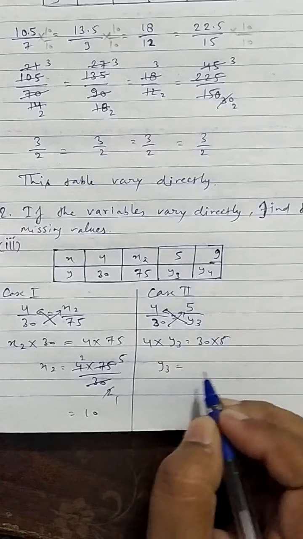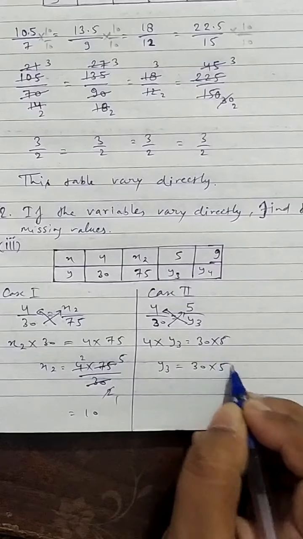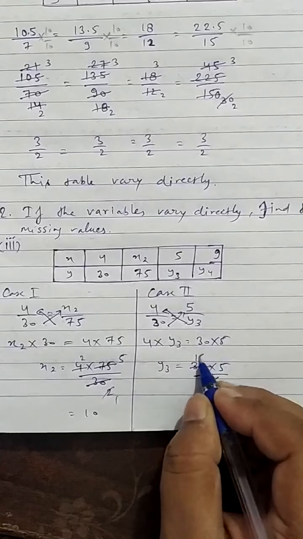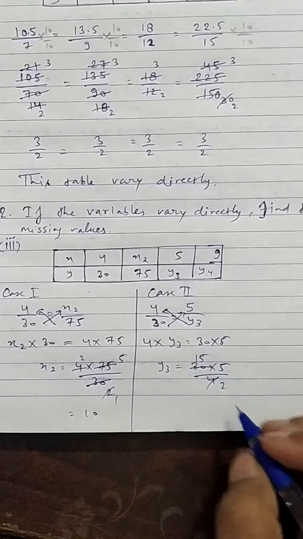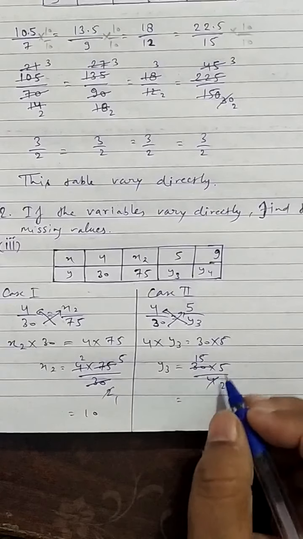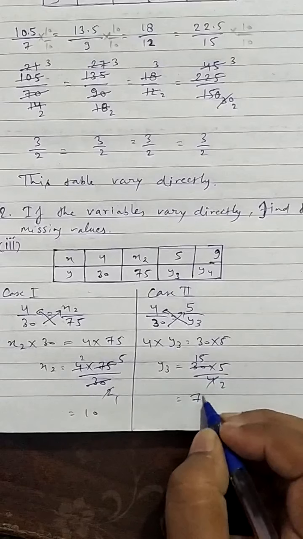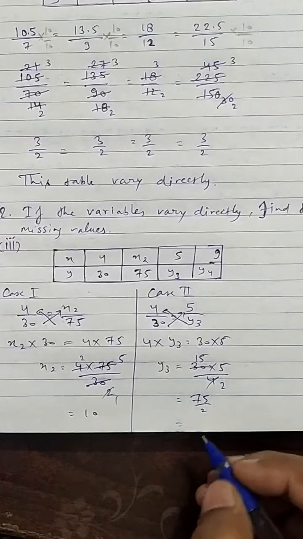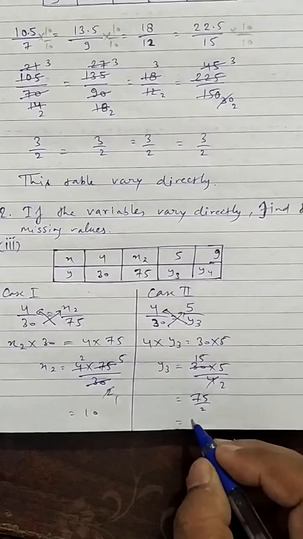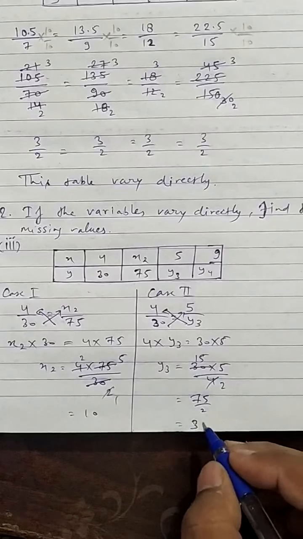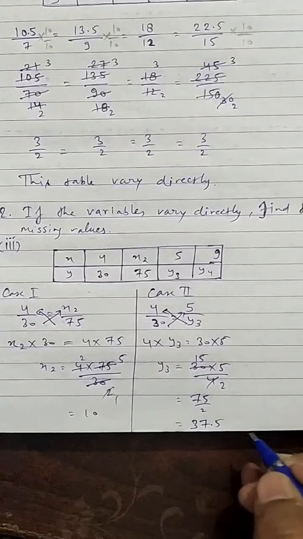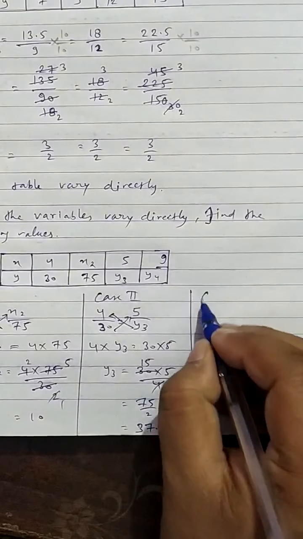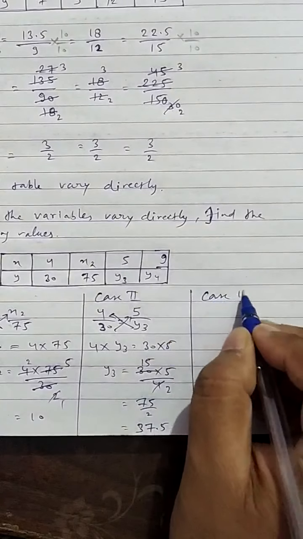So y3 equals 30 into 5 upon 4. 2 twos are 4, 2 fifteens are 30, and 15 fives are 75 upon 2. On dividing this, you get 37.5. And last is case 3.